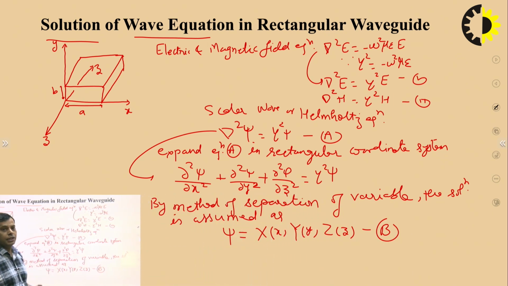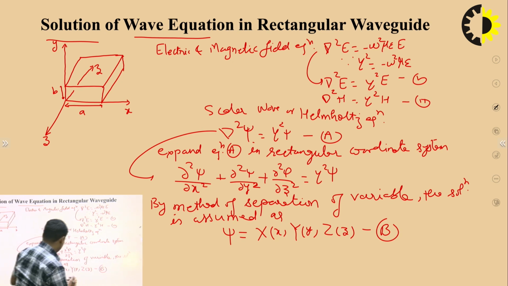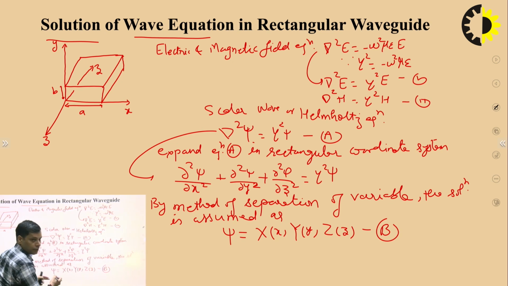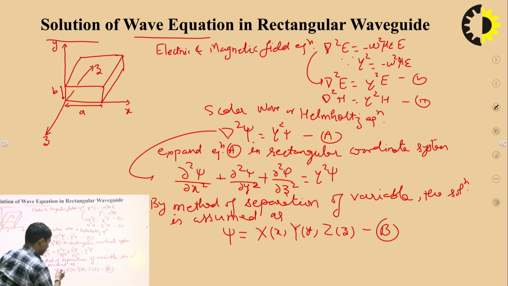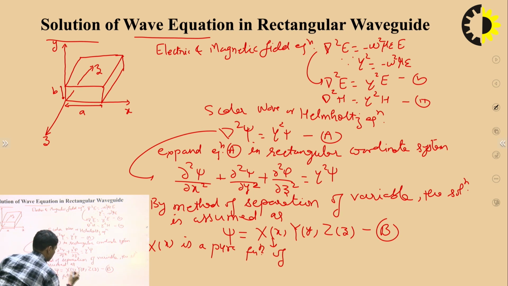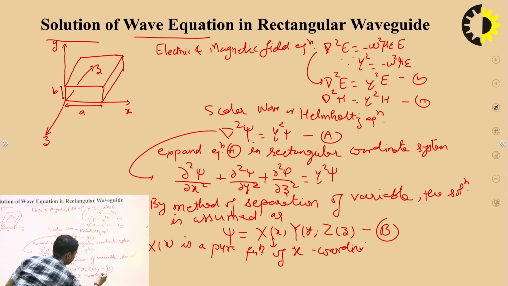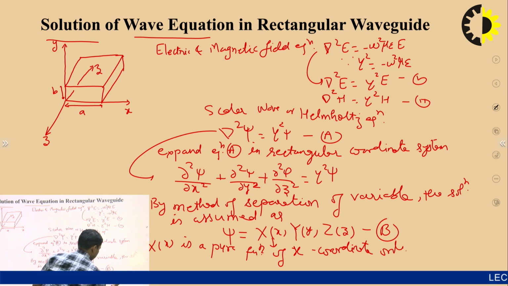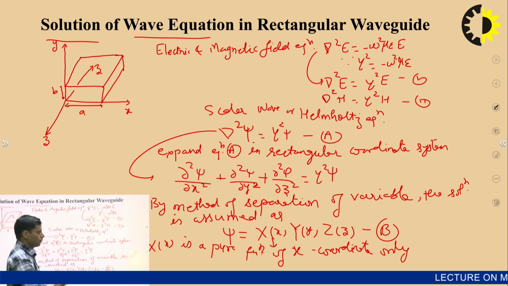This variable consists of rectangular coordinates, where X of x is a pure function of the x coordinate only. Similarly, Y of y is a pure function of the y coordinate only, and Z of z is a pure function of the z coordinate only.